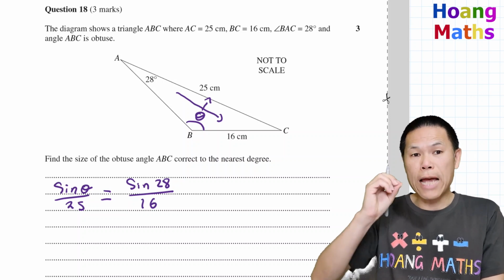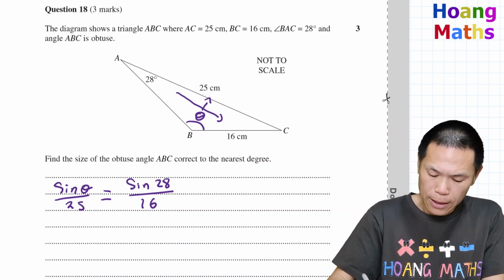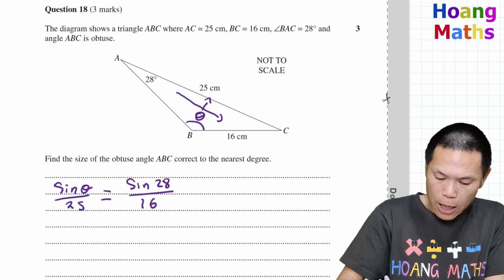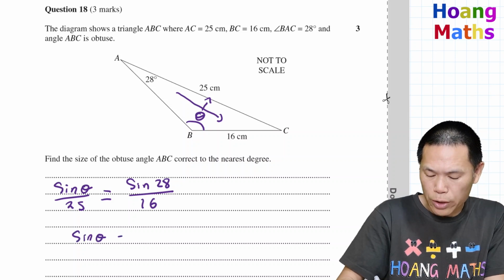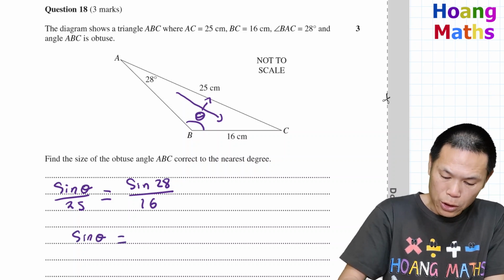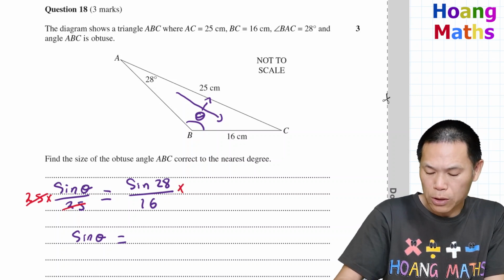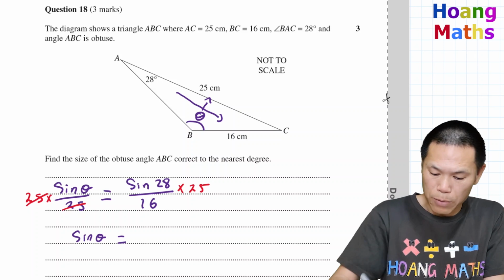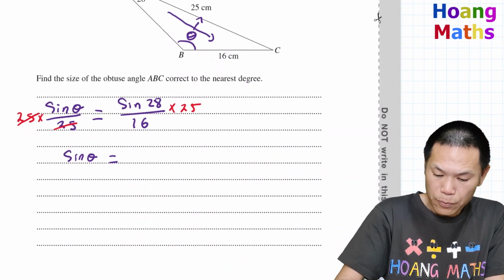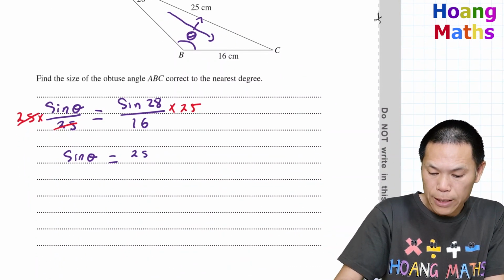Now I times 25 on both sides, so this cancels out. This will give me sine theta equals 25 sine of 28 over 16.